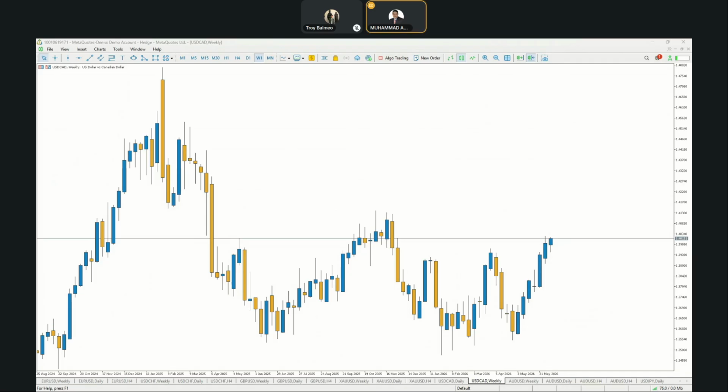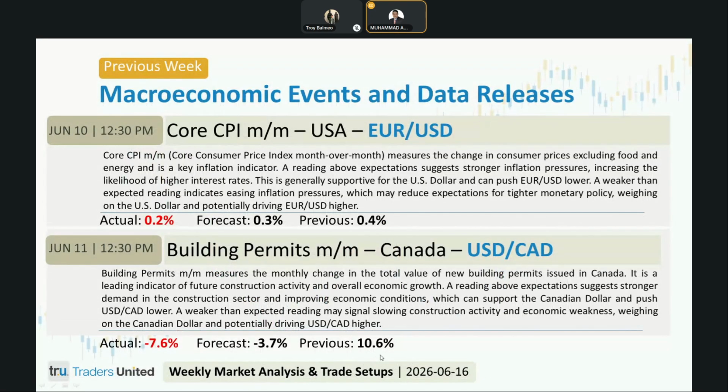It reduced support for the Canadian dollar. This resulted in USD CAD moving higher after the Forex news release, driven primarily by Canadian dollar weakness rather than strong US dollar fundamentals alone.